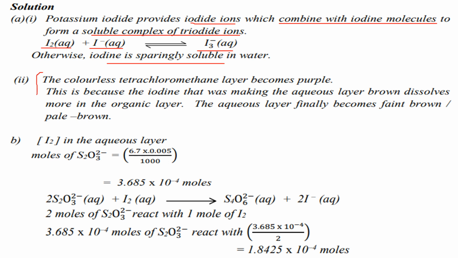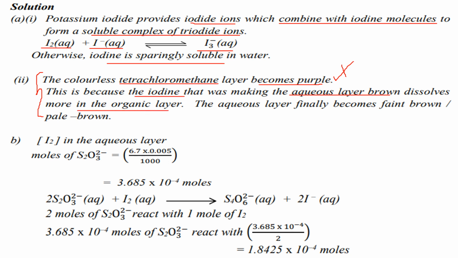Now, from number 3, we are saying that the colorless organic layer, which in this case we used tetrachloromethane, is going to become purple. You should carry out this experiment practically with your respective teachers because it's a very commonly asked question. The reason is that iodine, which was present in our aqueous layer as a brown component, remember iodine is a brown solid, is going to dissolve in our organic layer.